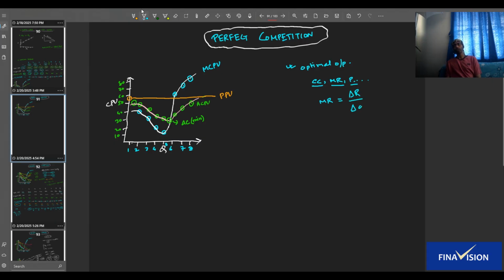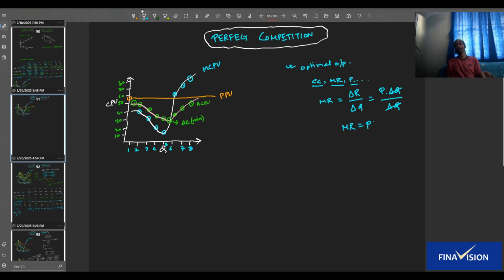Now here in a perfectly competitive firm, we can see that the price is constant. So del R would be equal to price, which is constant, multiplied by del Q divided by del Q, because here P is constant, P is not a variable. It will be P into del Q divided by del Q. So del Q and del Q cancel out, which means marginal revenue is the same curve as the price curve or the price per unit curve.